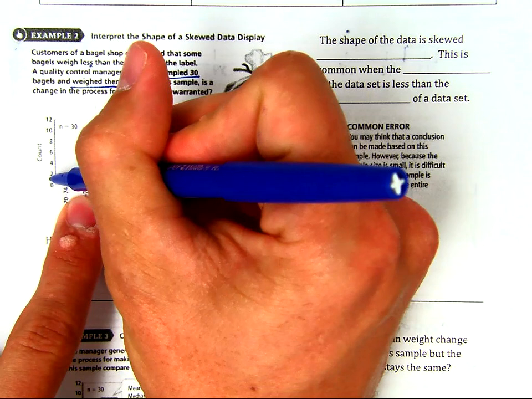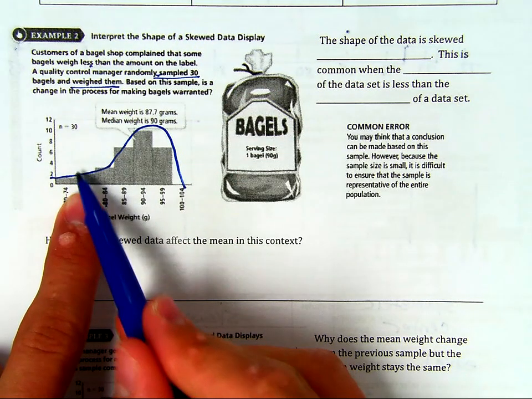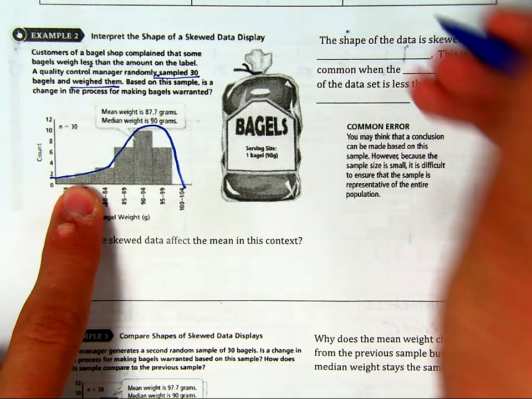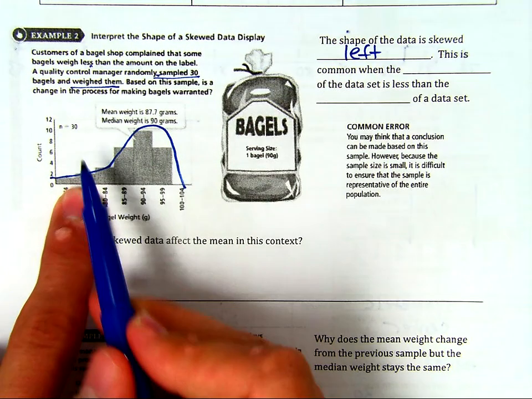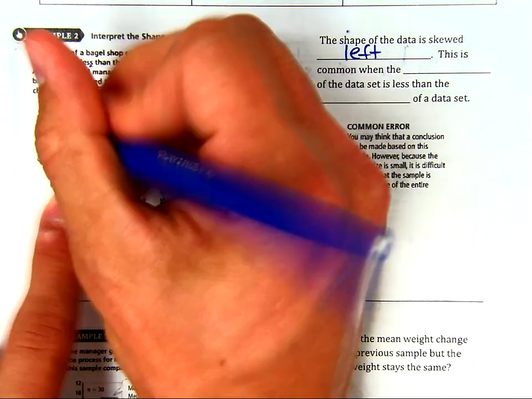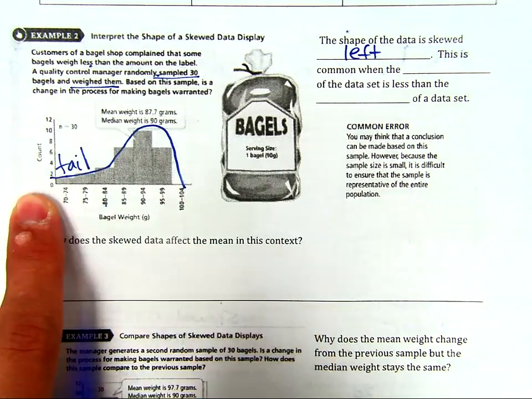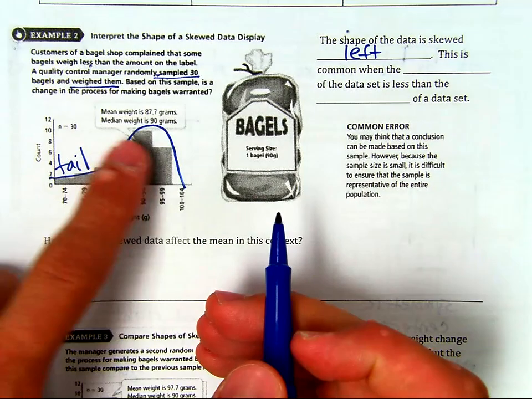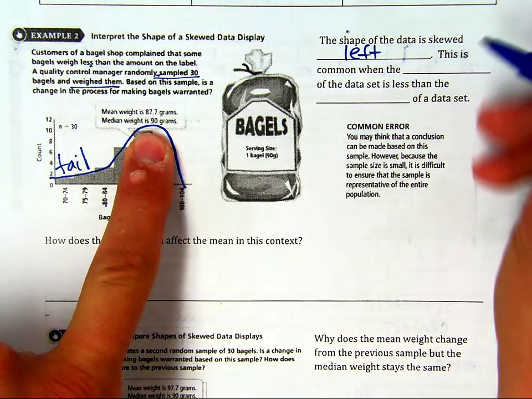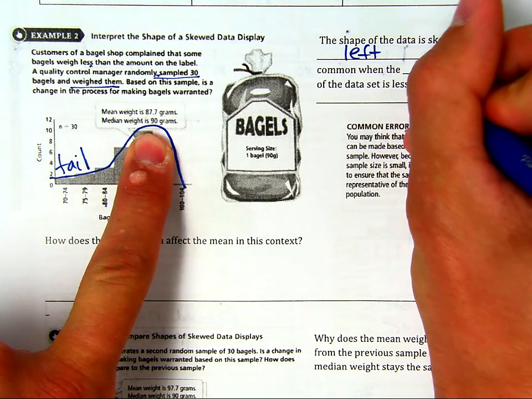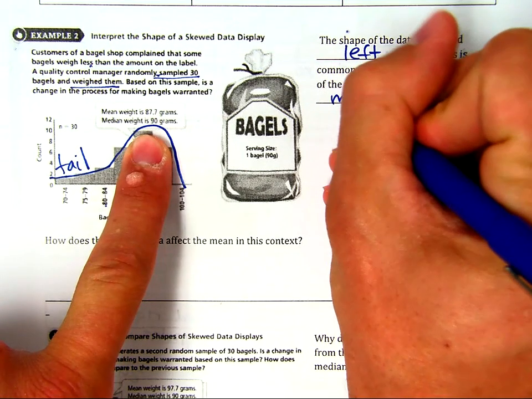We have all of these data points right here, so we say that this is skewed left. This is the skewed part, and sometimes we call this a tail. It's the tail on the left side, and it brings the average down. So notice the mean is less than the median. This is common when the mean of the data set is less than the median. We just talked about that.